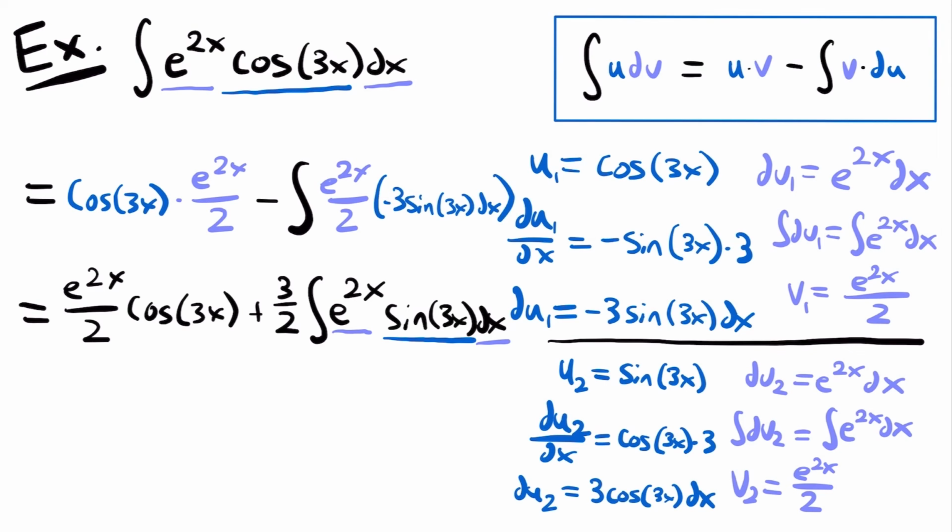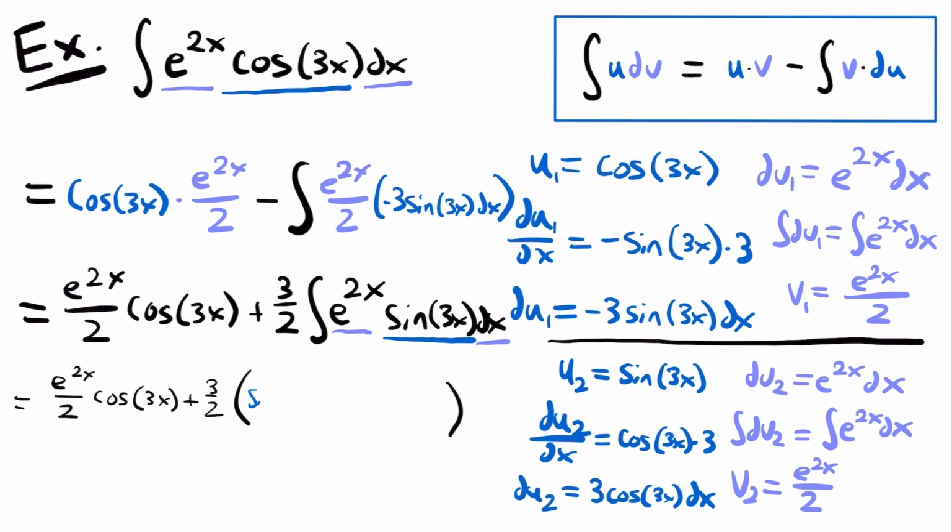All right, and so if we rewrite this integral, I'm going to have to write a lot smaller here. This is going to be equal to e to the power of 2x divided by 2 times cosine of 3x plus 3 halves times our new terms that will represent our integral. Okay, so 3 halves is multiplied by this whole integral, which we are going to now rewrite with 2 new terms using these values. So we'll have u times v, which is sine of 3x times e to the power of 2x divided by 2.